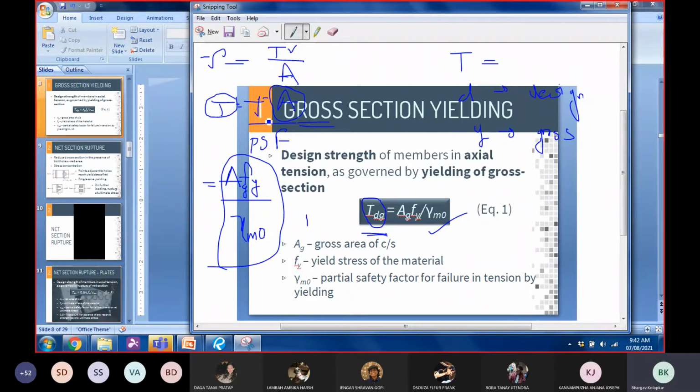So force is stress into area divided by partial safety factor. What is the stress? Stress is Fy. What is the area? It's the gross area because we are talking about gross section yielding, and the partial safety factor is gamma M0. Therefore, our TDG is equal to AgFy upon gamma M0. Area into stress divided by partial safety factor. Is that clear?